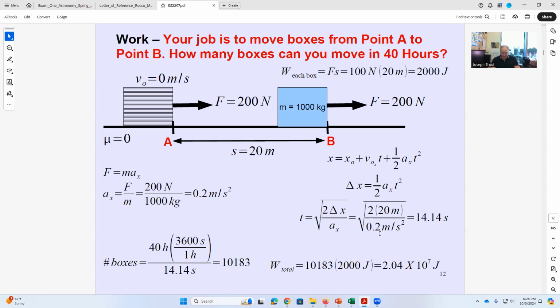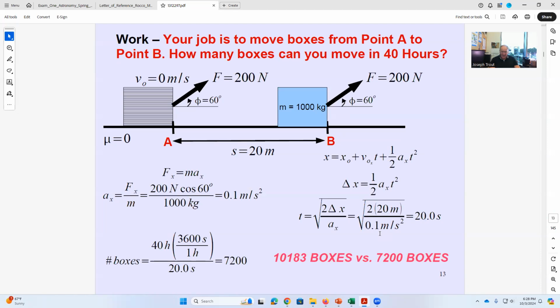But your back hurts. And you realize, hey, if I don't bend over all the time, my back won't hurt. So let's say instead of pulling 200 newtons this way, you attach a little string or a rope, so you don't have to bend over all the time, and you still apply the same 200 newtons. And let's say your rope makes an angle of 60 degrees with the horizontal.